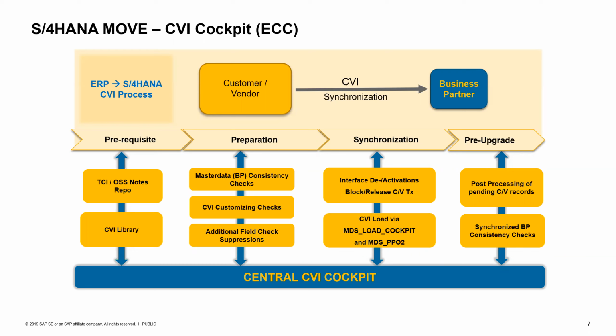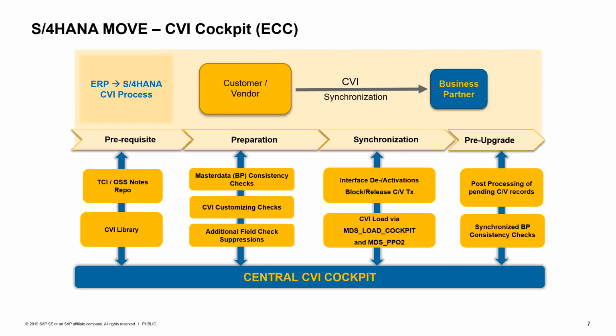As a prerequisite, the system looks for a few pre-installed notes for CRM integration and so on, and some mandatory function modules to be activated and deactivated after the synchronization takes place.